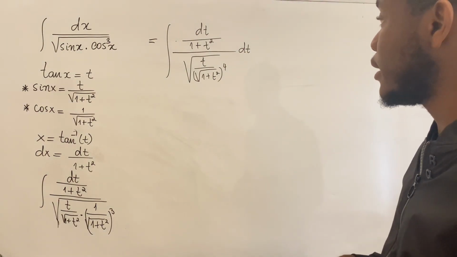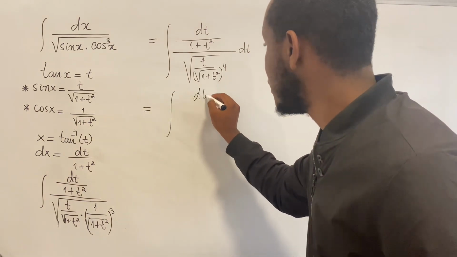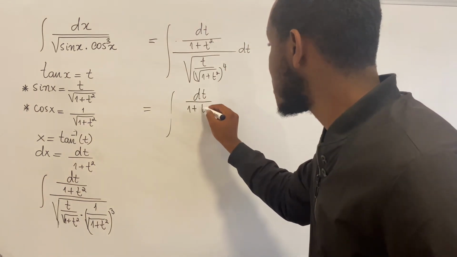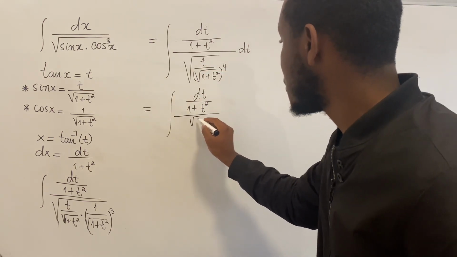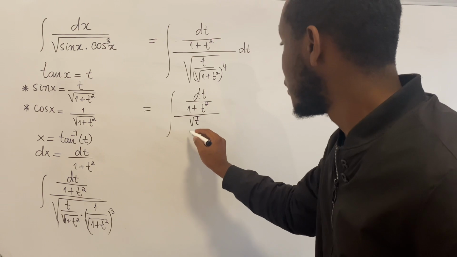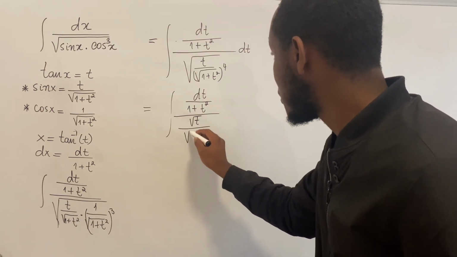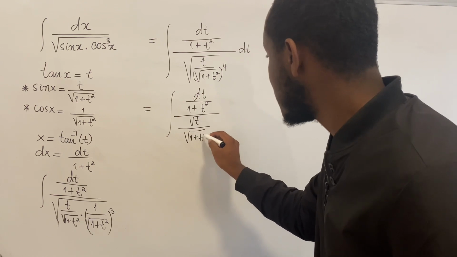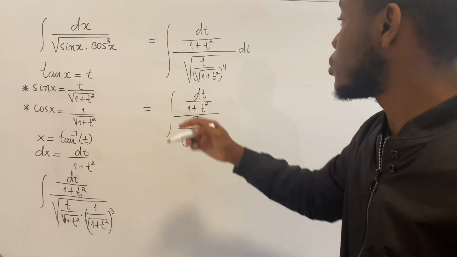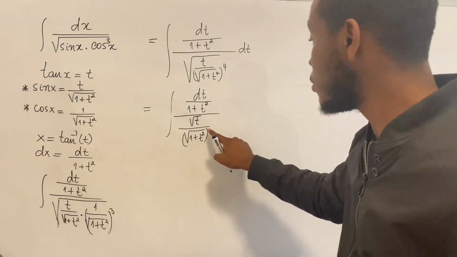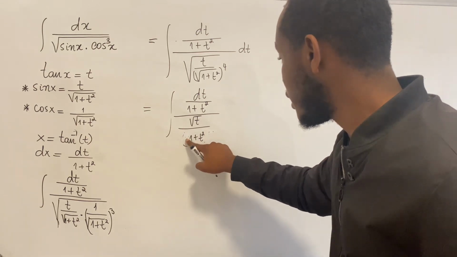So if that's the case, this integral will be dt over 1 plus t squared over, we can separate, so which one with the square root, so we're going to have the square root of t here, and then we're going to simply have the square root of 1 plus t squared all squared, because it cancels with the main square root, and this one can also cancel out, so we're just going to be having like this.